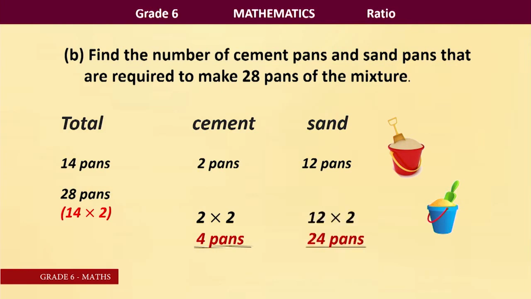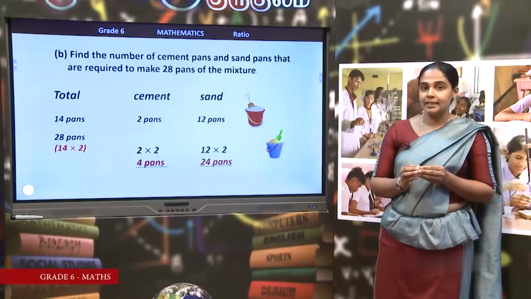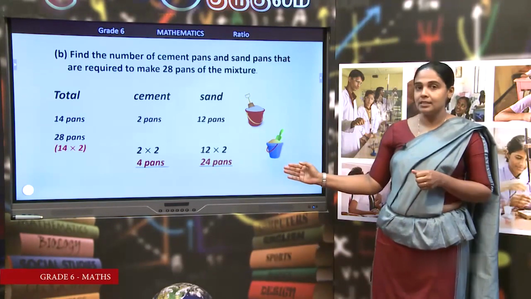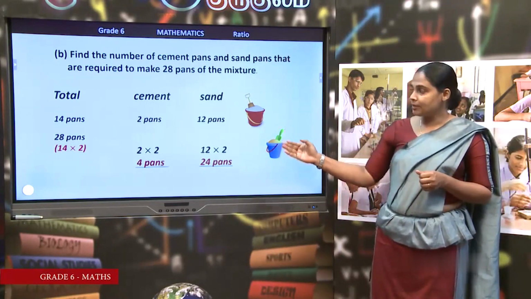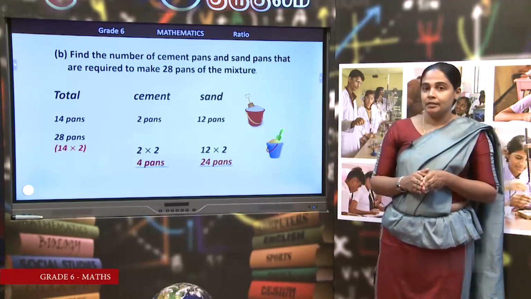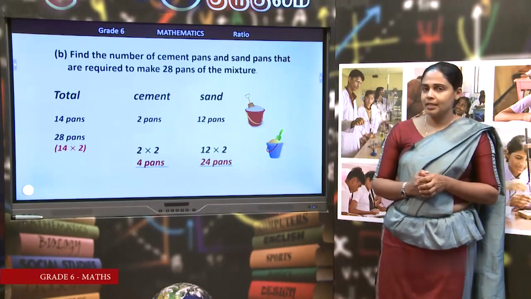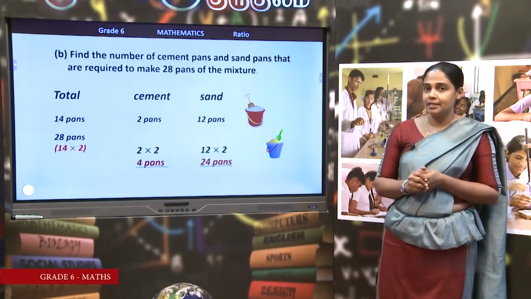The answer is 24 pans. Now is it clear? I think all of you got the correct answers. I wish all of you have correct answers. The answers are 4 cement pans and 24 sand pans. Okay, now we have to continue our lesson.